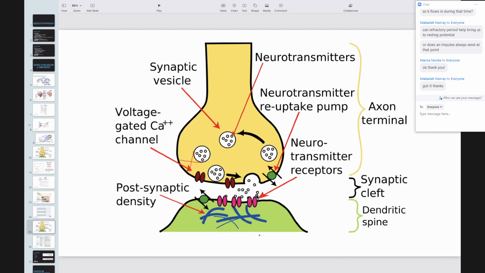And those chemicals are neurotransmitters. These neurotransmitters will come in to ligand-gated channels, and we'll talk about ligand-gated channels in a future lecture. It'll bind to these channels and allow an influx of chloride, allow the influx of sodium, and cause either IPSPs or EPSPs.